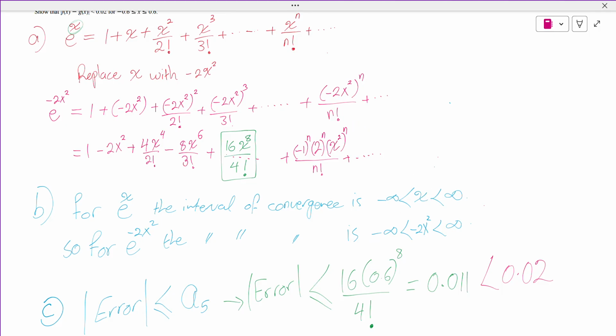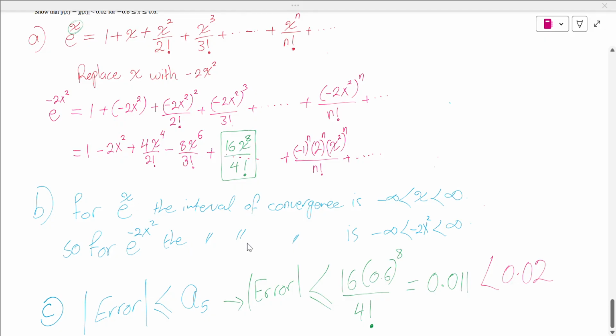Let's look at the answer key, what they are mentioning here. There is 1 point for a correct alternating series error bound, which is the fifth term, right? Yes. This is the fifth term, 16 x to the power of 8 over 4 factorial. And 1 point is earned for correctly using x equals 0.6.